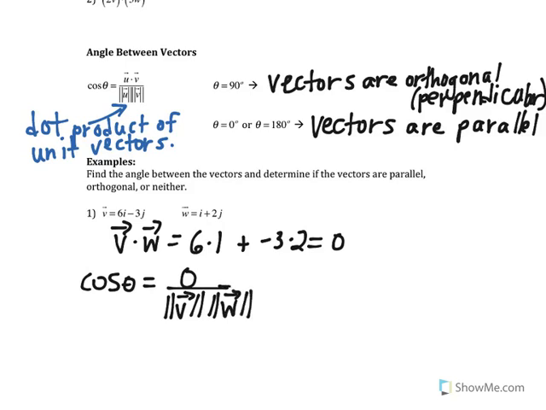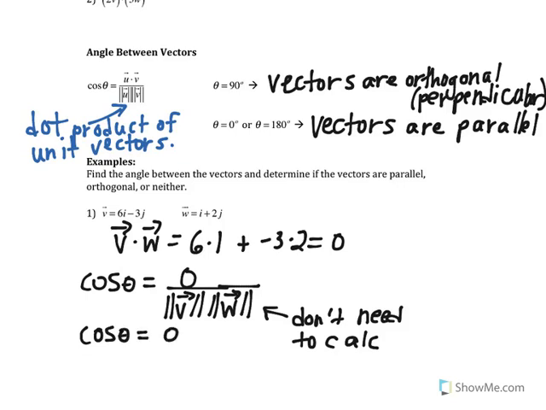If you don't recognize, not a big deal. But 0 divided by anything is still 0. And then if cosine theta is 0, that means that our theta is 90. And because it's 90, that means that the vectors are orthogonal.